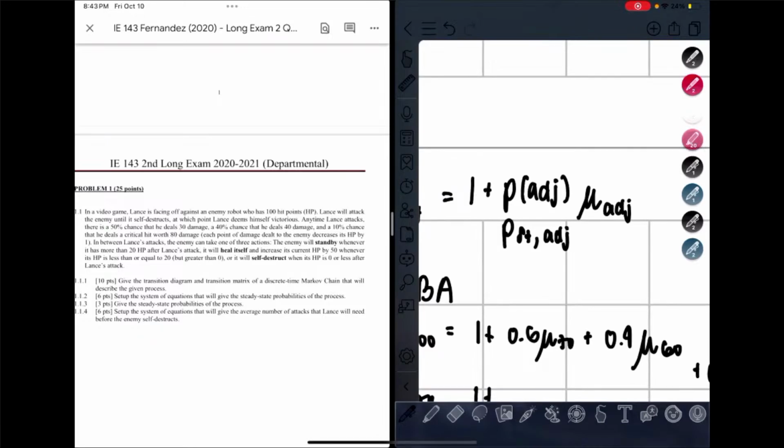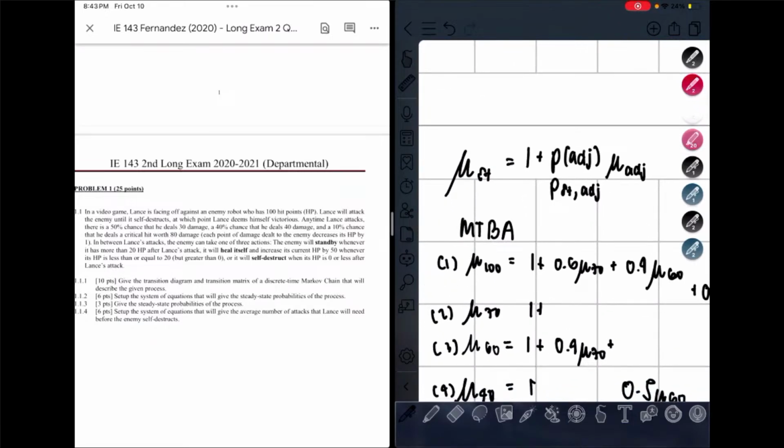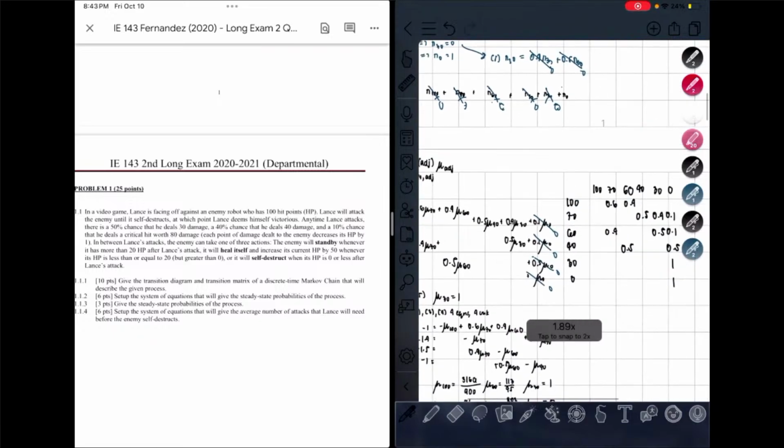This is my personal unconventional notation for this. And then you just add these all together. So that's what we did here.